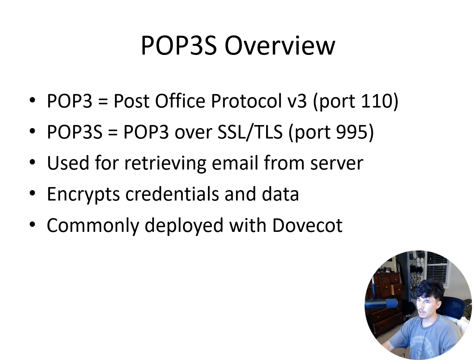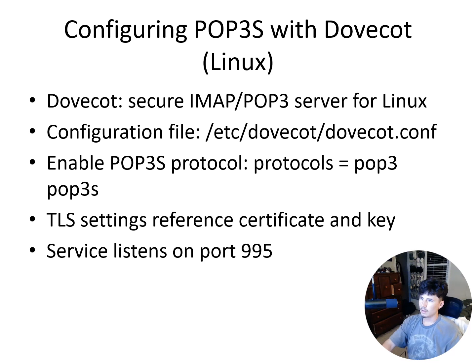And one of the most common server applications used for implementing POP3S on Linux is Dovecot. Dovecot is one of the most widely used mail server applications on Linux for both POP3 and IMAP. It is known for its performance, simplicity, and strong security. When configuring Dovecot for POP3S, the administrator edits the configuration file, which is located at /etc/dovecot/dovecot.conf.